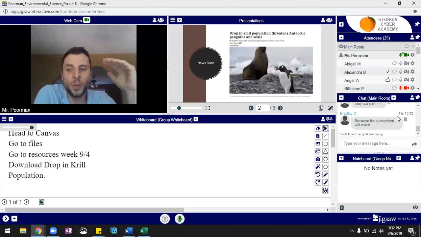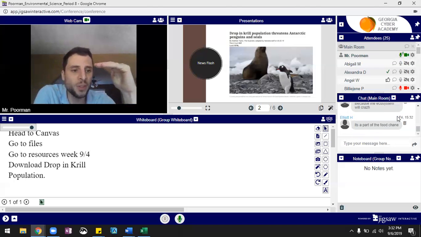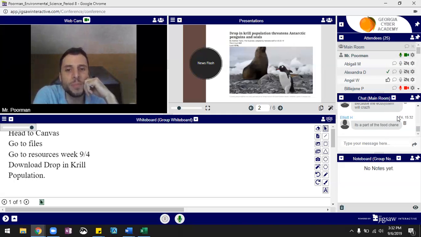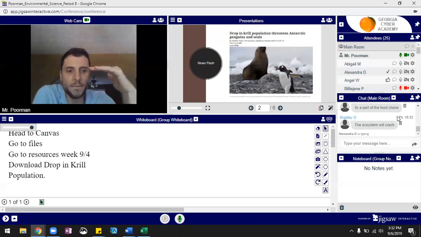Who knows where tuna are on top of that trophic pyramid? Oh, Elliot, it's part of their food web? Yeah. Tuna are right at the top of a trophic pyramid, at the top of a food web. They eat other fish, and they also eat zooplankton.